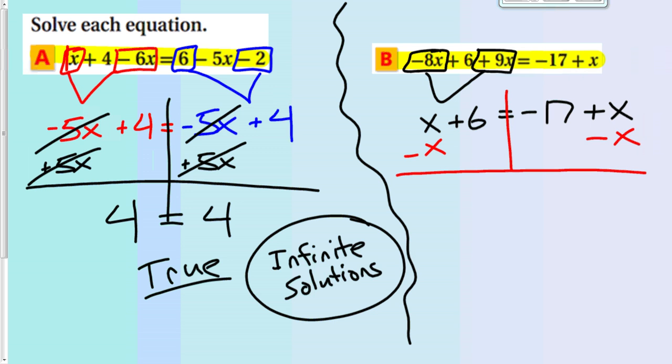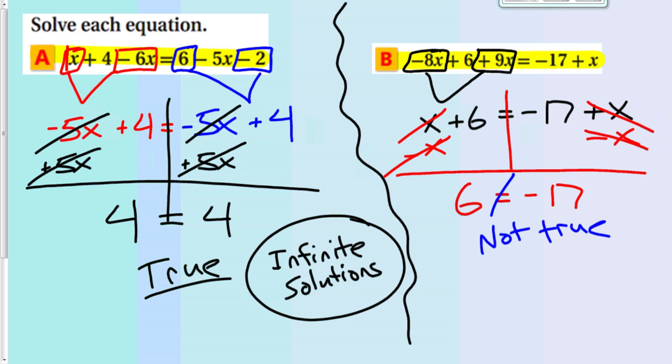X minus x also 0. We get 6 equals negative 17, and this is not true. Anytime this happens, this equation has no solution. You can put in anything that you want to for x, it will never come out that both sides are going to be equal. Right?